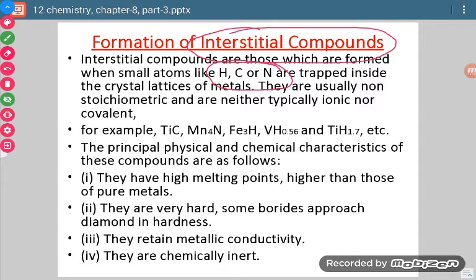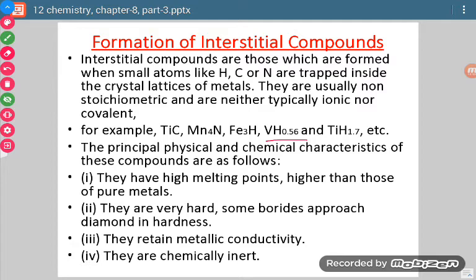Okay. Just like this is titanium carbide, this is manganese nitride, this is a combination of iron and hydrogen, vanadium and hydrogen, titanium and hydrogen. Now see, here you can see one thing. Here I have written VH0.56. Now what does it mean?